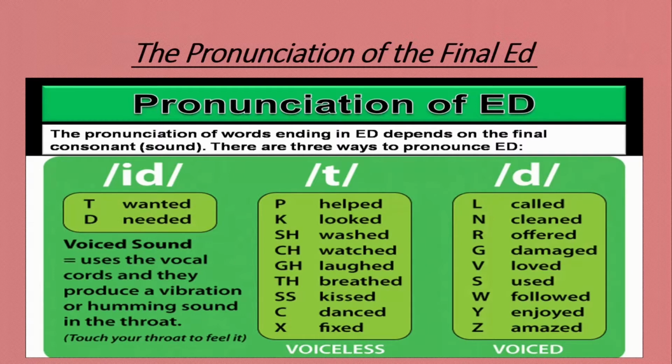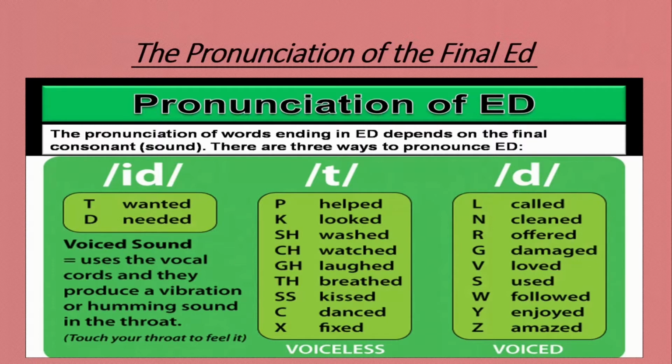So if the base form of the verb ends in a voiceless consonant like P, K, Sh, Ch, F, S, X, pronounce the ed as t: helped, looked, kissed, fixed, and others.